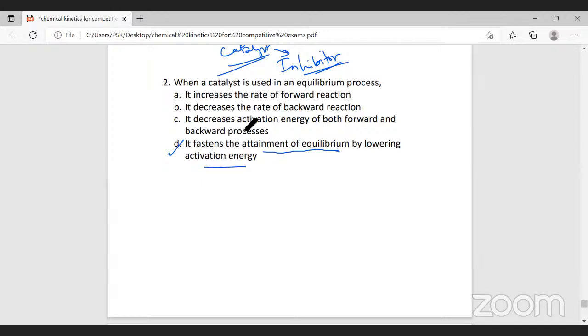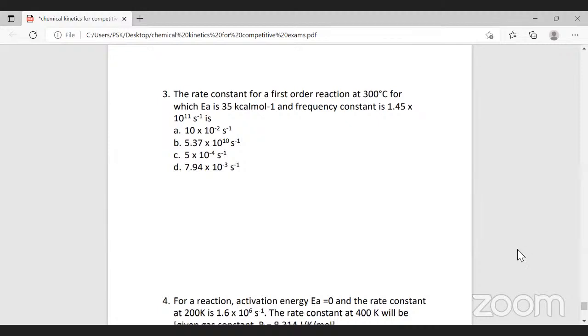Option D. The next question. The rate constant for first order reaction at 300 degrees Celsius, for which EA is 35 kilocalories per mole. The temperature they have given is 300 degrees Celsius, that is 573 Kelvin, right?